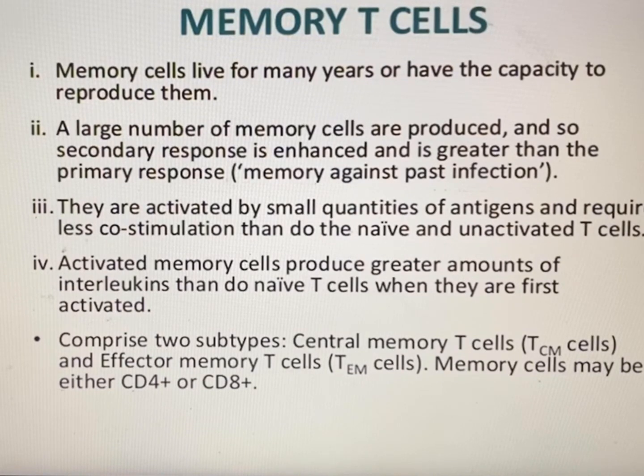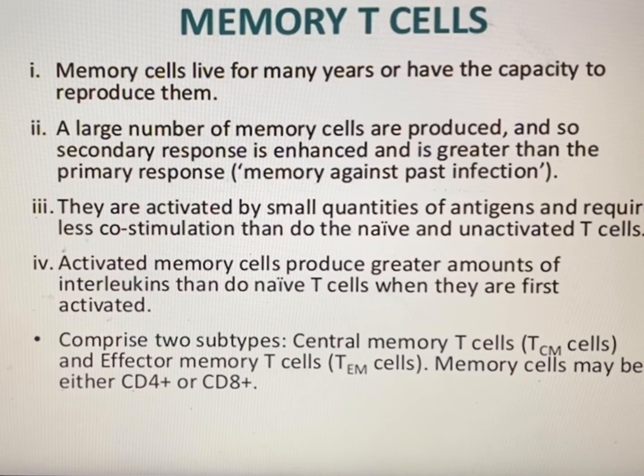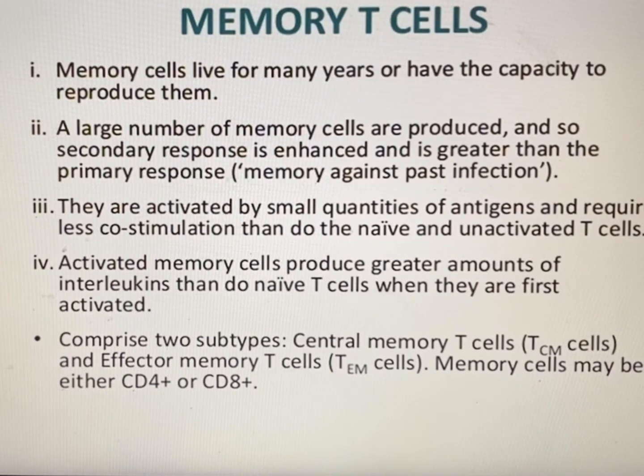Okay, so memory cells live for many years or have the capacity to reproduce themselves. Second, a large number of memory cells are produced, and so the secondary response is enhanced and is greater than the primary response, that is, memory against past infection.